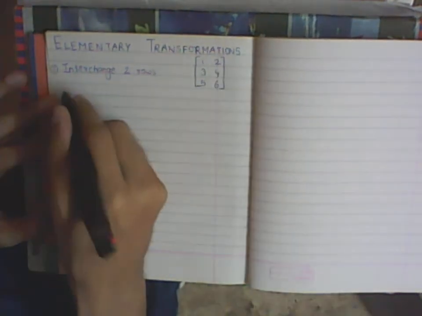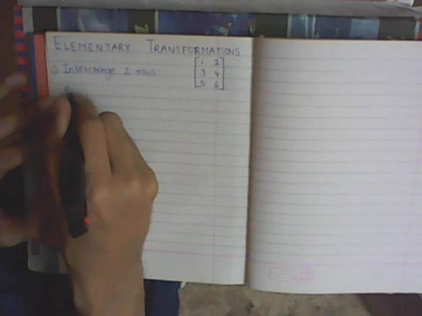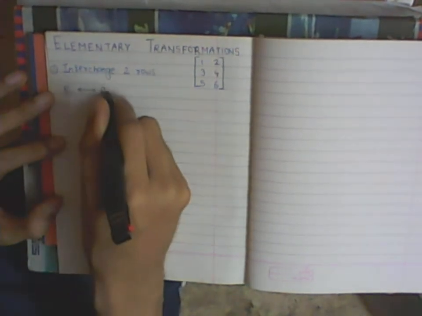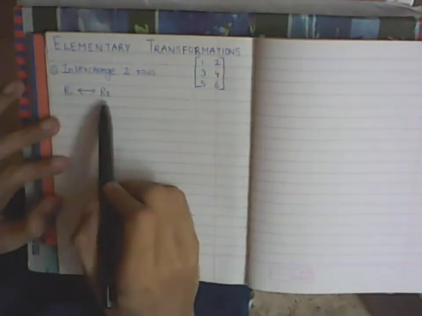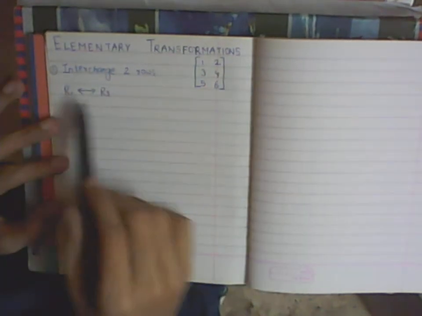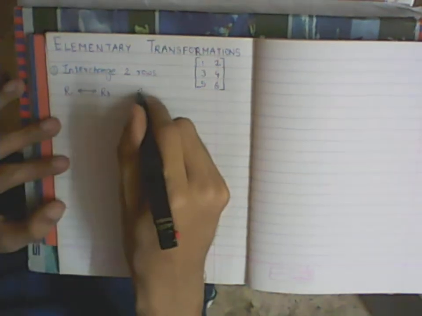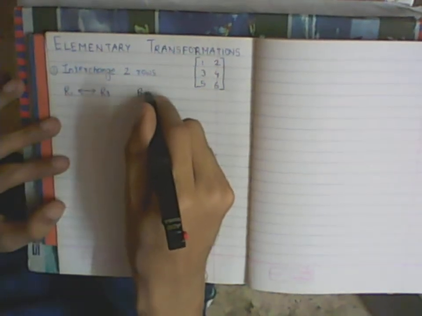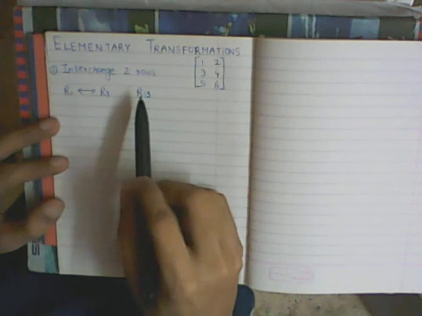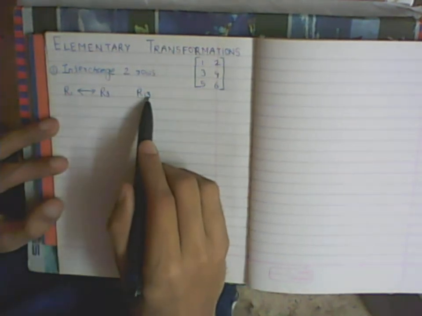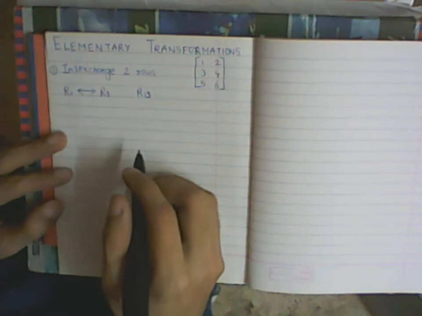One way to denote that is R1 with a double-headed arrow going to R3. Another way of denoting this is R13. This is not thirteen. This is the notation for interchanging the first row and the third row respectively.